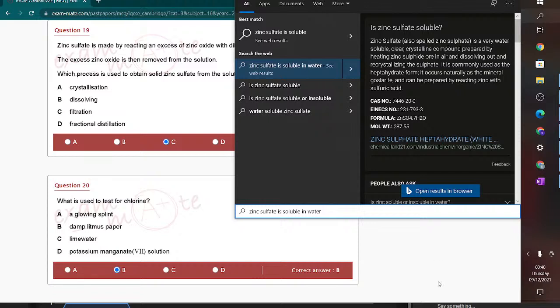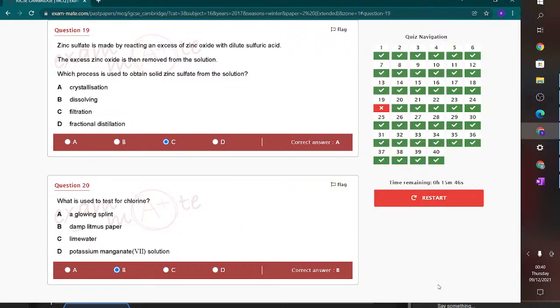Zinc sulfate is very soluble. If it is soluble, then the crystallization process must occur, and to remove zinc oxide, it must be an insoluble compound, and that needs to be filtered. Okay, a point to be remembered.